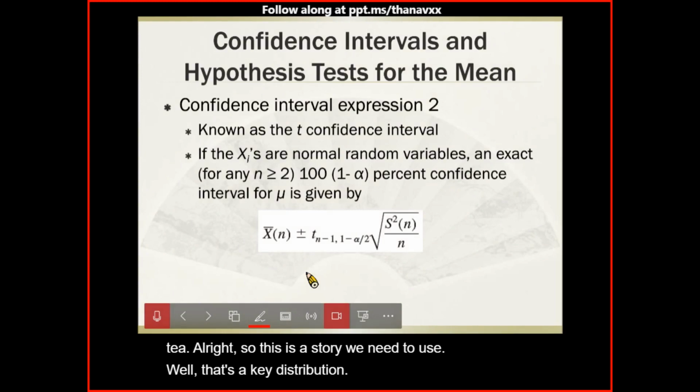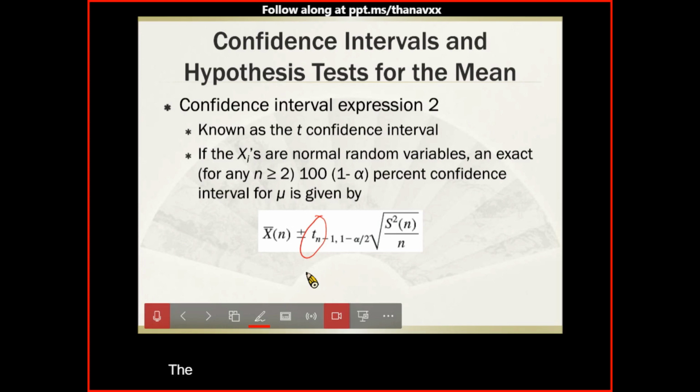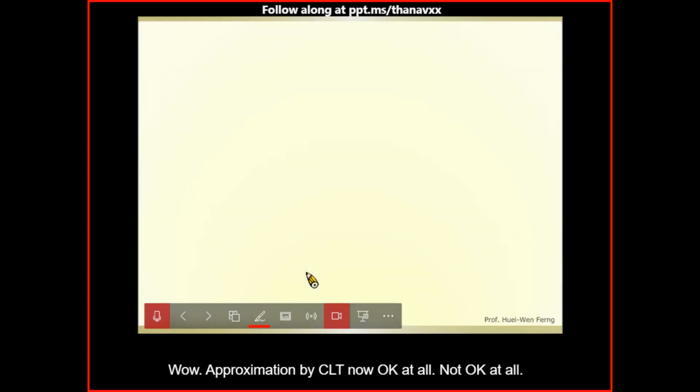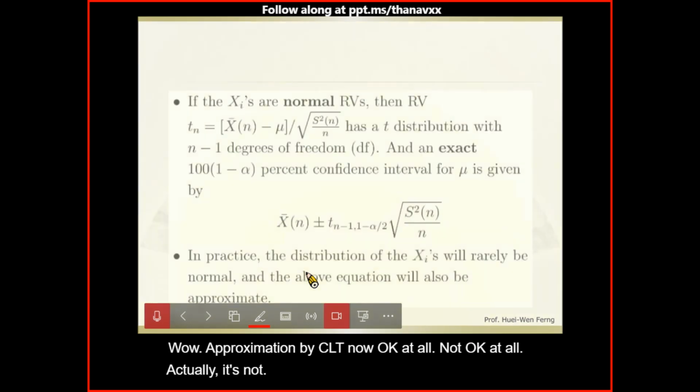Why do we want to have a T distribution? This one. The second one, someone will let you know later. Well, approximation by CLT is not okay at all. Why not okay at all?